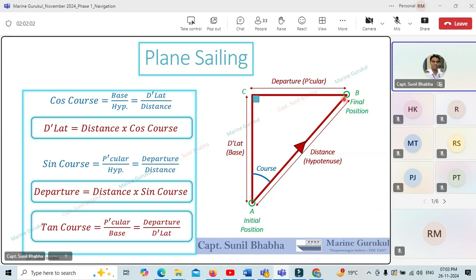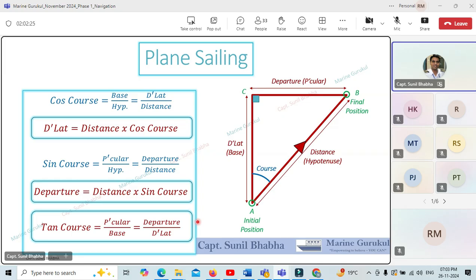And the second type of problem: if we are given a particular position, latitude and longitude, and we are given a particular course and a particular distance, using the initial position, course and distance, we can easily calculate the final position using these formulas very, very easily.